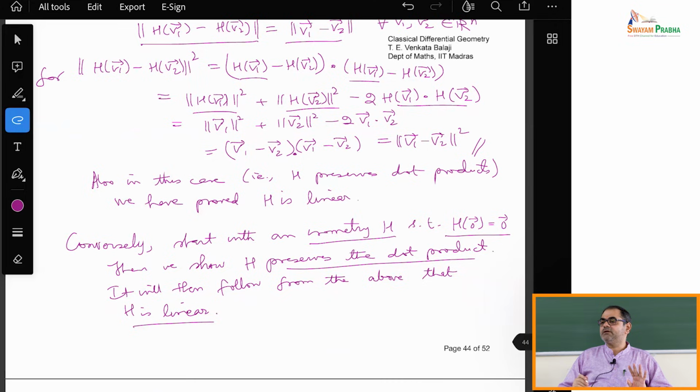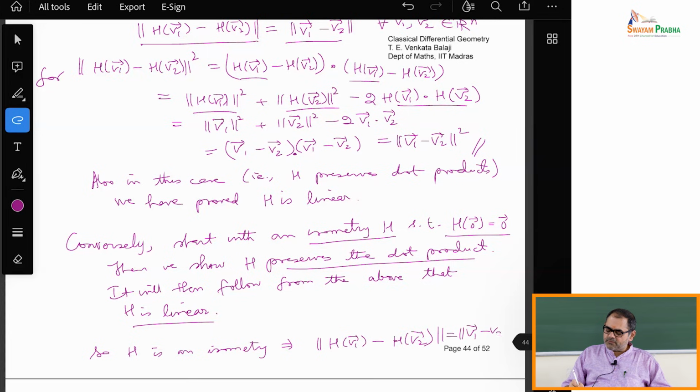So what you do is that you compute, so H is an isometry, implies norm of H of V1 minus H of V2 is equal to norm of V1 minus V2, and this holds for all V1 and V2 in Rn.